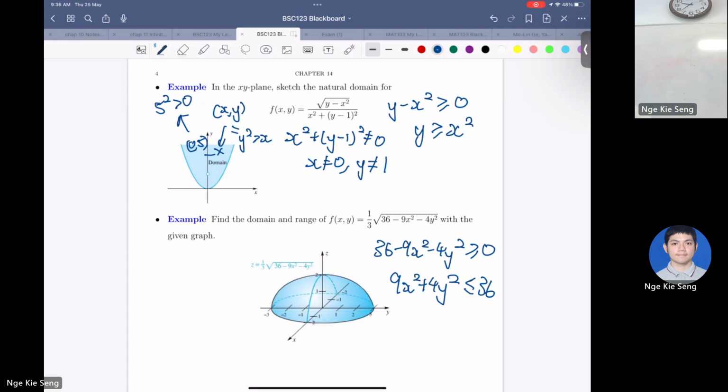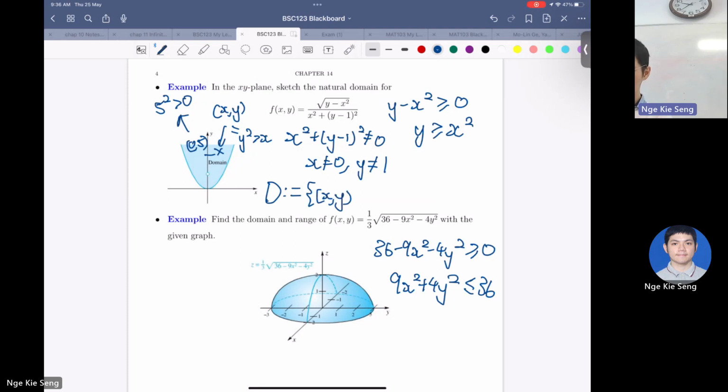And then note that we exclude the point (0, 1). We have this parabola, hyperbola or parabola? Parabola, okay. And then we exclude (0, 1). So you have D, all the (x, y).